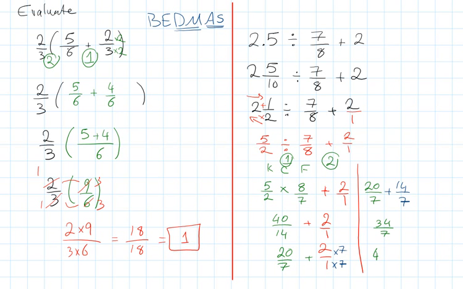When you divide, the whole number before the decimal is how many bottoms you have in the top. So we have 4 7s. 4 7s are 28. Again, you can use a calculator to ask yourself these questions, but hopefully you don't need that. So you have 28. 34 minus 28, you end up with 6. So 4 and 6 over 7 is your answer at the end.